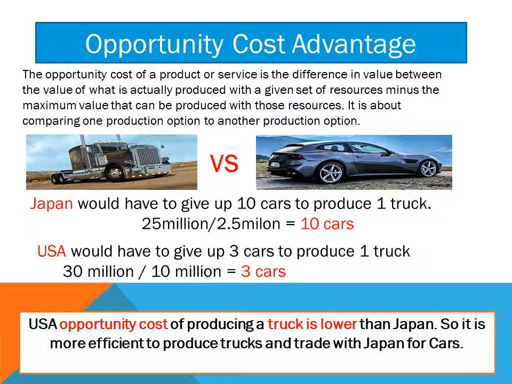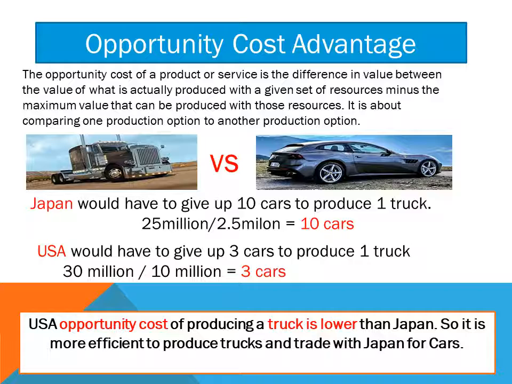So would they prefer to use the resources to produce cars, sorry, or to produce trucks? So it seems here that they have a better opportunity cost or an advantage towards using those resources to produce cars because they're producing much more as opposed to one truck, right?